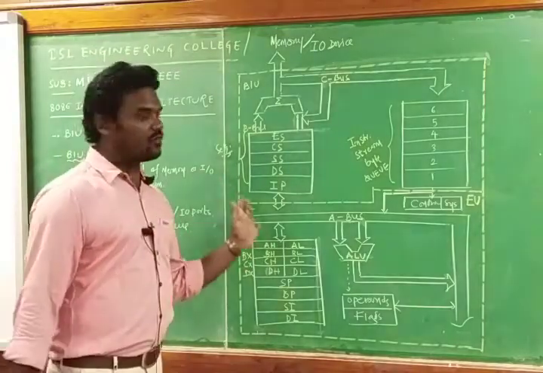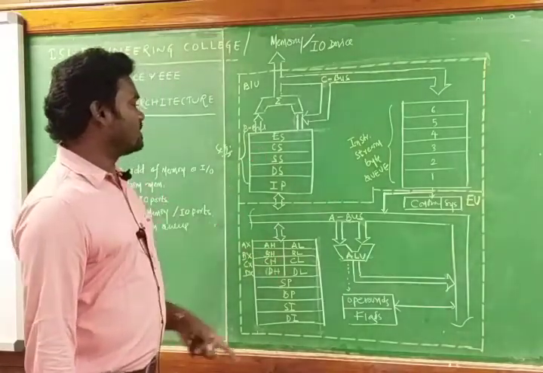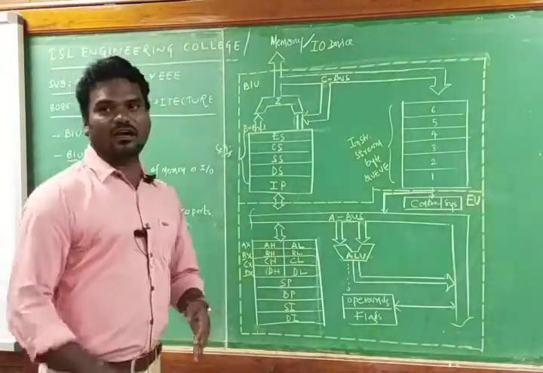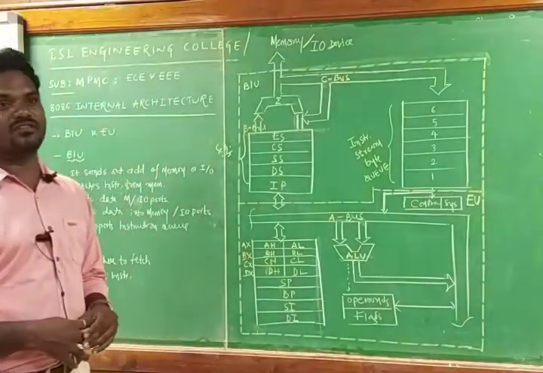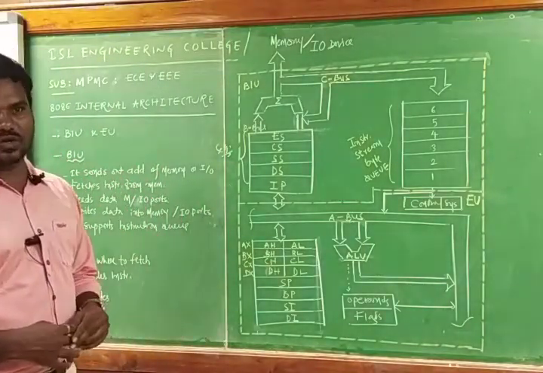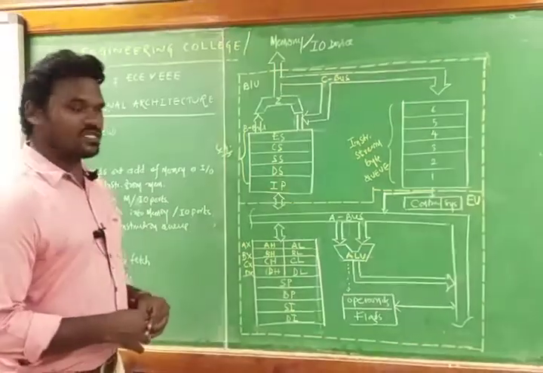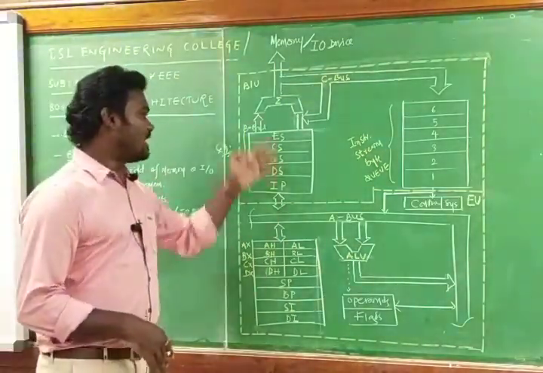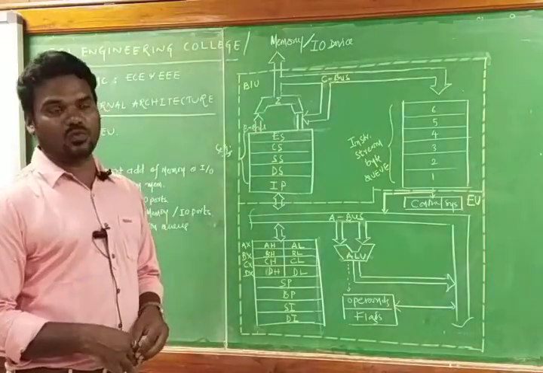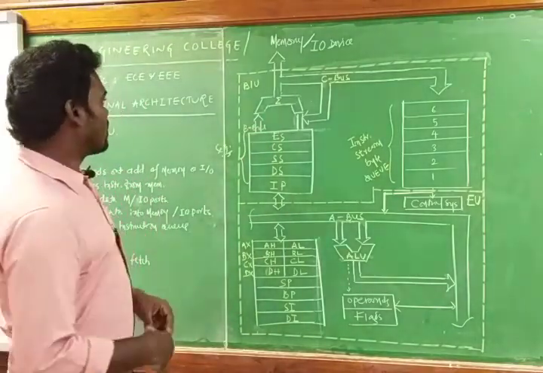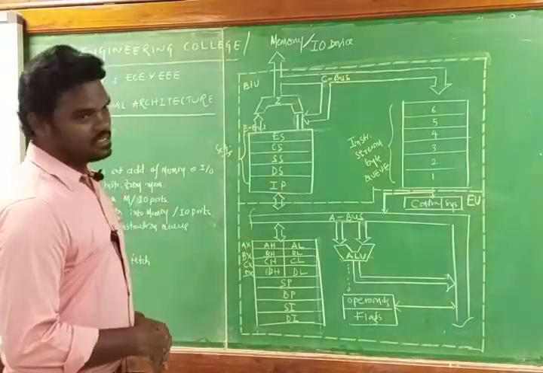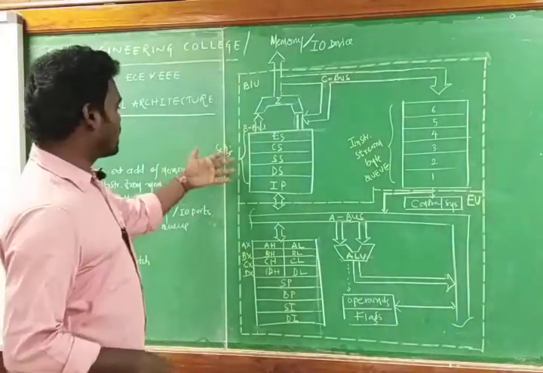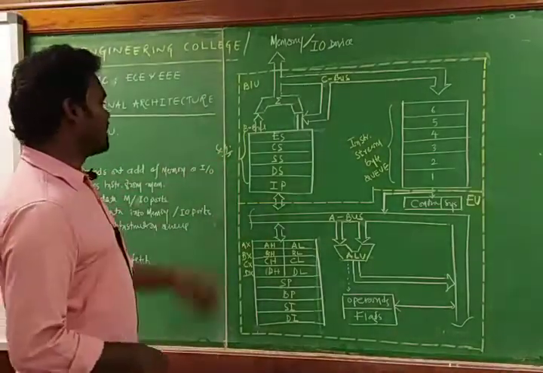Whenever it is 01, the extra segment is going to be used. Likewise, we discussed the 4 combinations of the status signals S0 and S1: 00, 01, 10 and 11, and during these 4 combinations these 4 segment registers will be used by the processor, and these 4 are combinedly named as the segment registers.